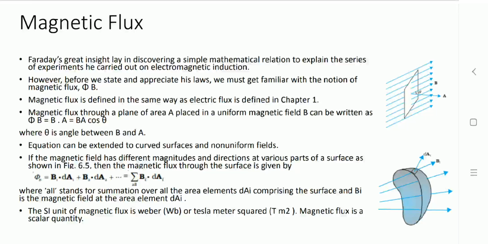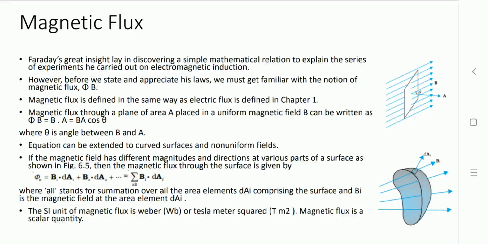So B dot A is the magnetic flux. If there is an angle between B and A, it can be defined as BA cos theta.